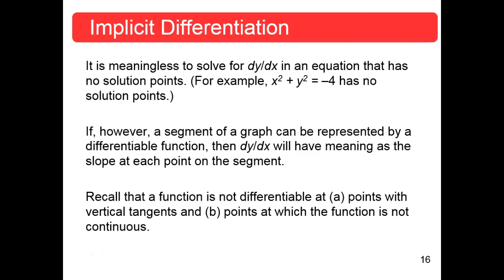X squared, the least it can be is 0. It can't be negative, but otherwise it's going to be positive. Y squared, the least it can be is 0. Anything else is going to be positive. You can't add two positive numbers or even 0 plus 0 and get a negative 4. Just isn't going to happen in the real number system. And we're not getting into complex numbers at this point. That has no solution, so don't waste your time trying to find an implicit derivative.